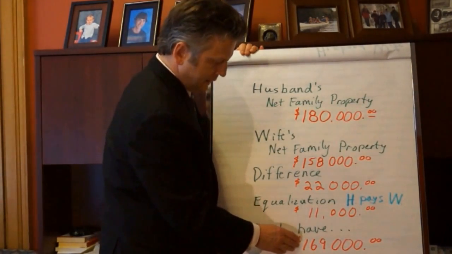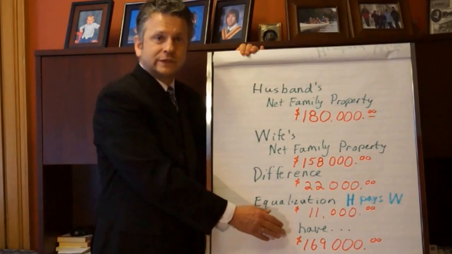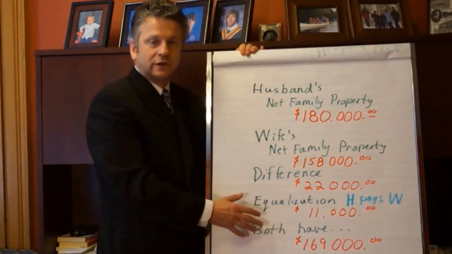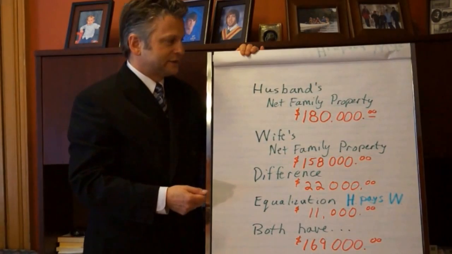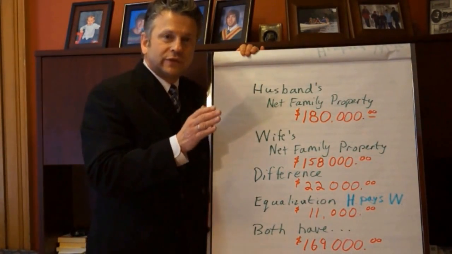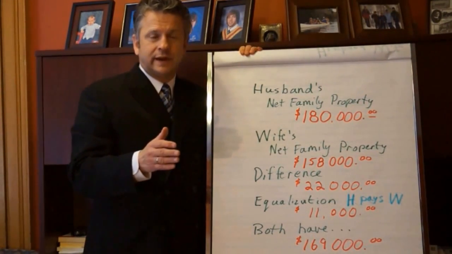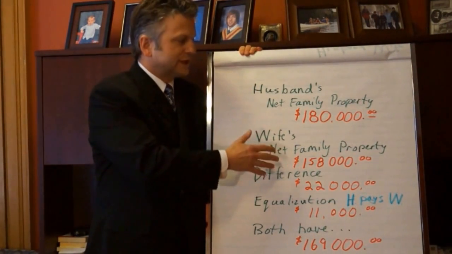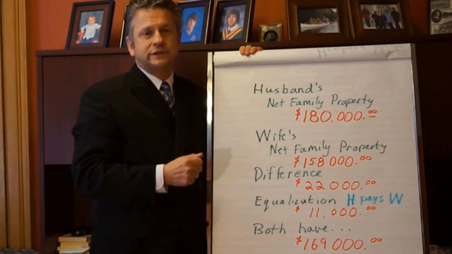That results in each party having net family property after the separation is completed of $169,000. That's equal. So that's how the Family Law Act divides up property. Each person leaves with the property that's in their own name and debts that are in their own name. But by this process, the accumulated value during the course of the marriage is equalized.